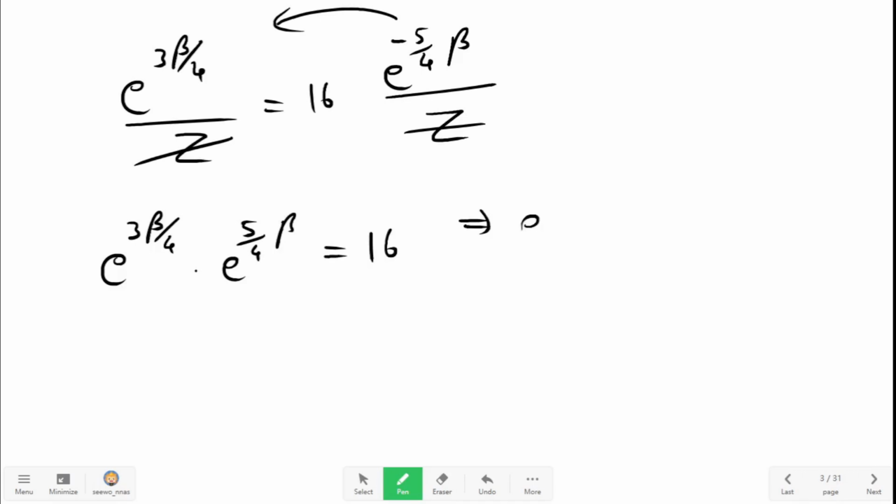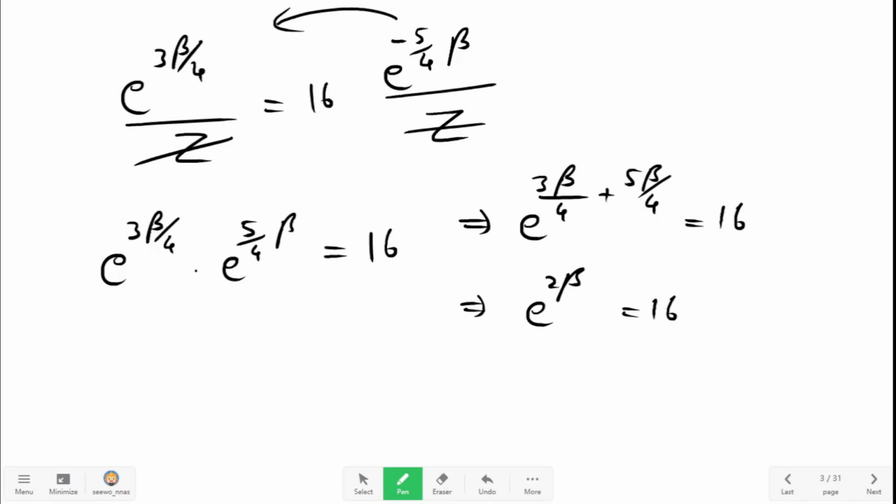From here we can say e raised to 3 beta by 4 plus 5 beta by 4 is equal to 16, which gives e raised to 2 beta is equal to 16. 2 beta is equal to ln 16. ln 16 can be written as ln 2 raised to 4.